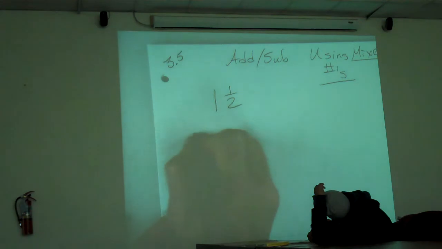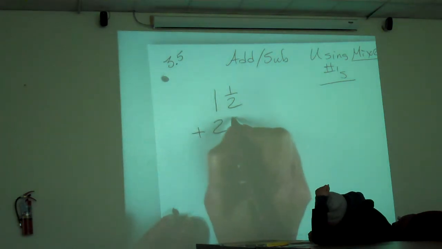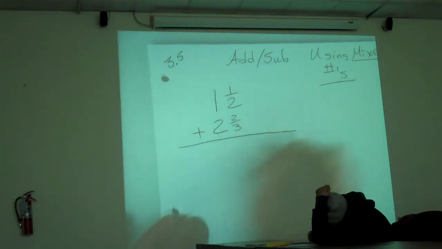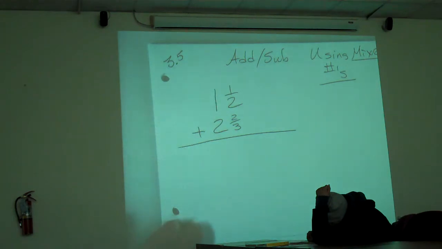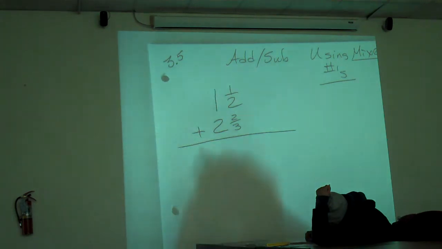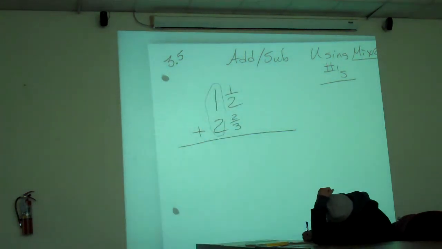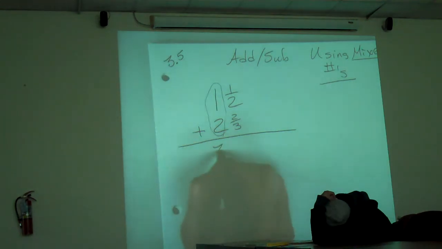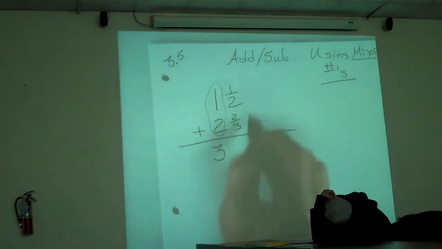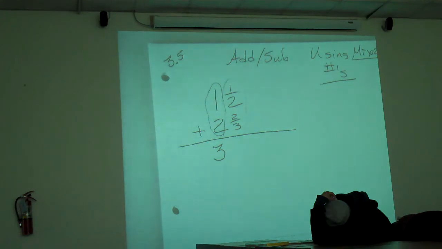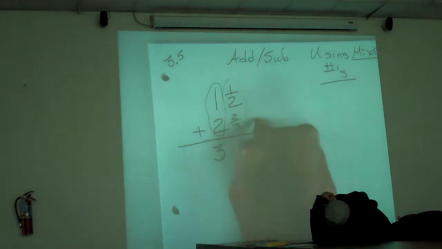If you're going to add two mixed numbers, you're going to add the number part. 2 plus 1 is 3. Then you're going to add the fraction part. What do you need to add the fractions? You need a common denominator.